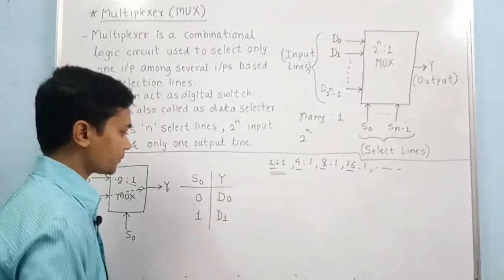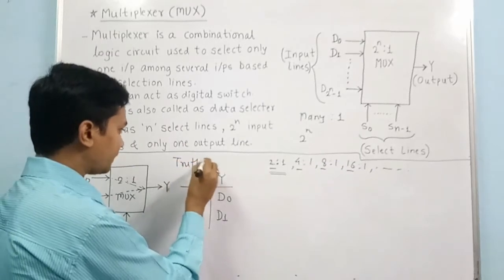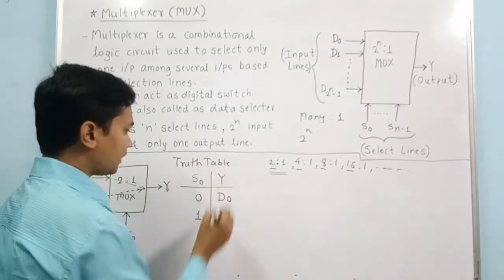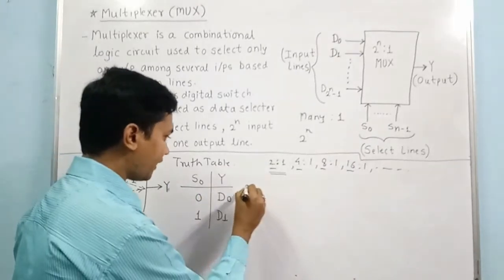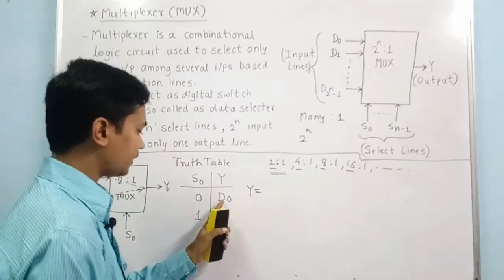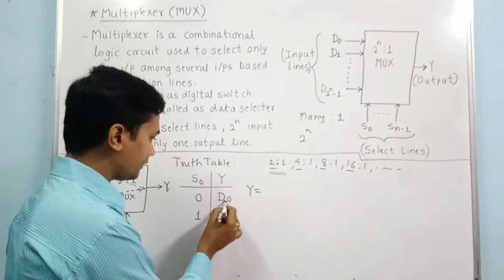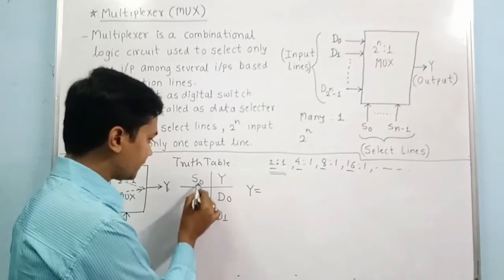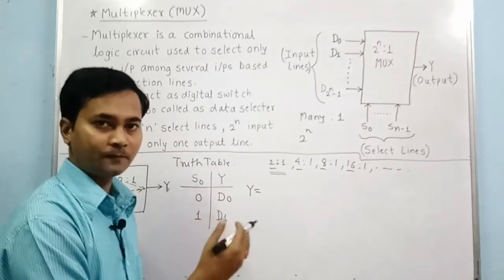Now from this truth table, how can you write the output equation? The output equation Y can be written as D0 into S0 bar. I am writing in SOP form, that is sum of product form.